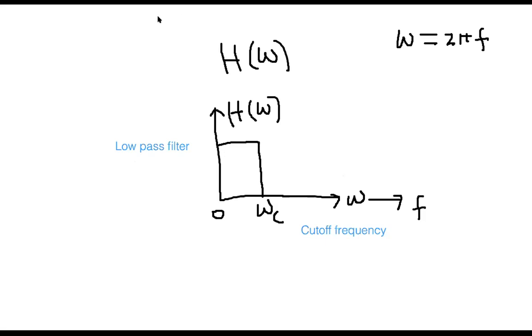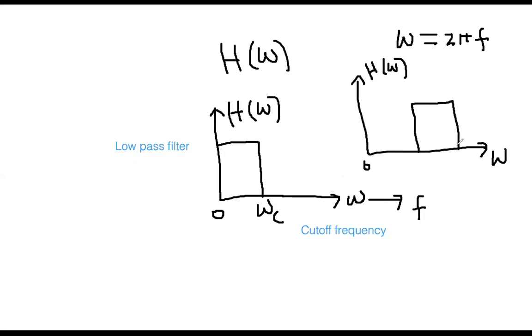Similarly, the high pass filter will look like this. Again, in this axis your frequency omega, and here your transfer function. So this is your zero position. In this case, at the beginning it is not allowing, but after a certain point, again called omega c, the cutoff frequency, it is allowing.